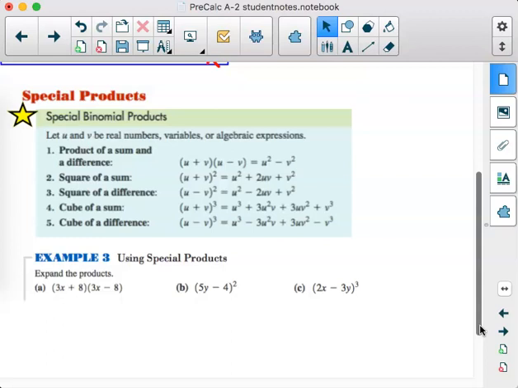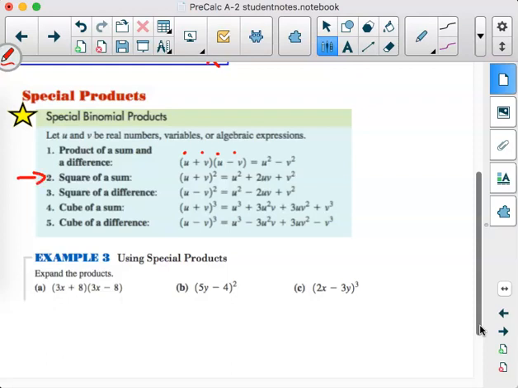So when we see that we have two binomials with the same first and last term, but one has addition and the other has subtraction, then we should notice that this goes really fast, because outside times outside and inside times inside cancel each other out when we do FOIL. And that gives us u squared minus v squared.